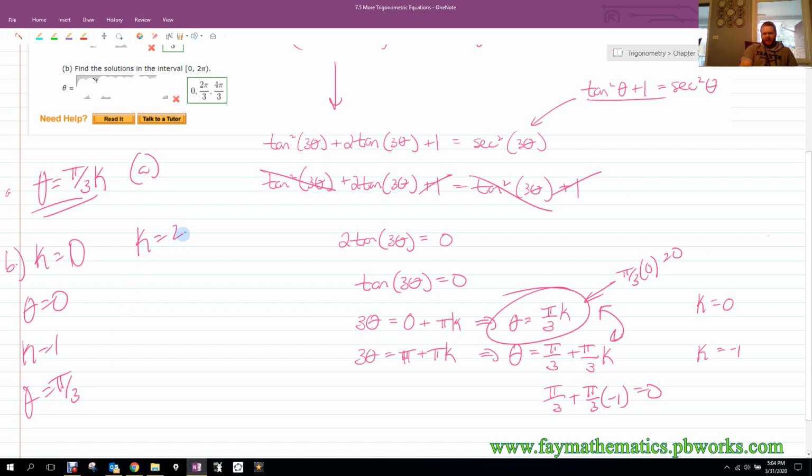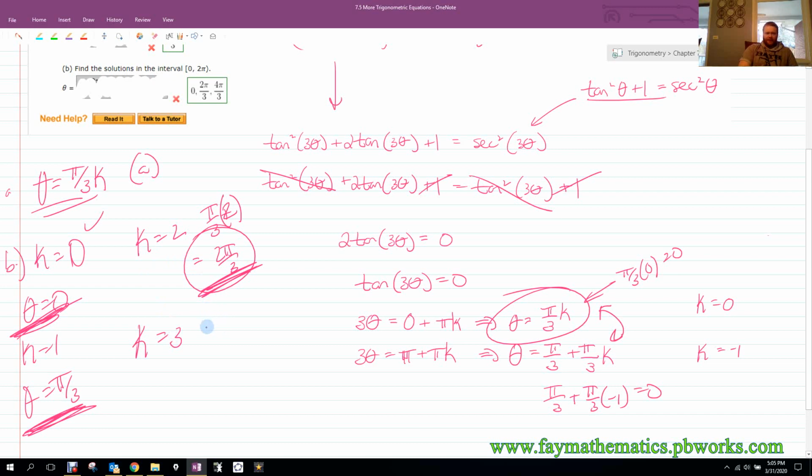If k is 1, then it's going to give me theta is equal to pi over 3. If k is 2, that's going to give me pi over 3 times 2, which is 2 pi over 3. There's another one. Now, I'm going to keep going because this is between 0 and 2 pi. That's between 0 and 2 pi. That's between 0 and 2 pi. So what if k is 3?